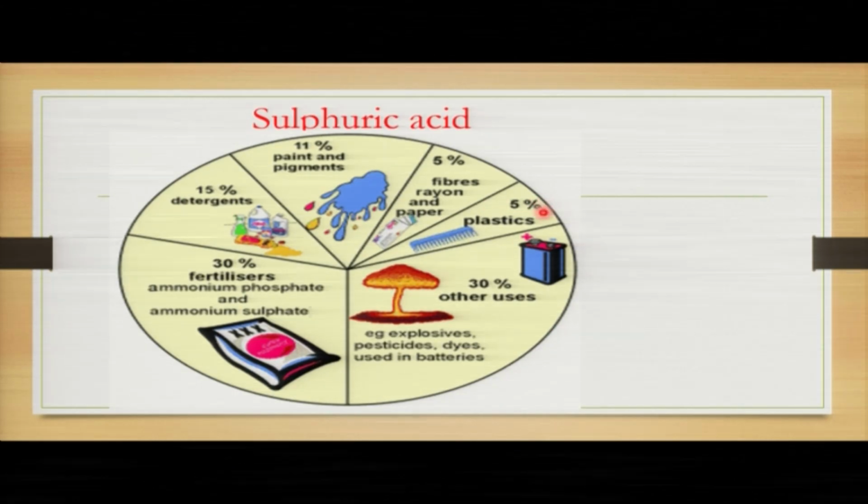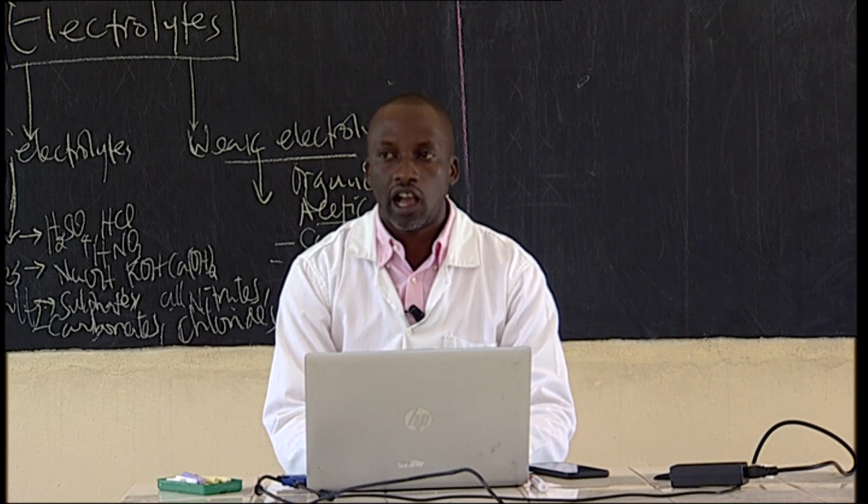Some of them are manufactured not only by sulfuric acid, but sulfuric acid could be one of the components that are used. 30% goes to use as an electrolyte in car batteries.